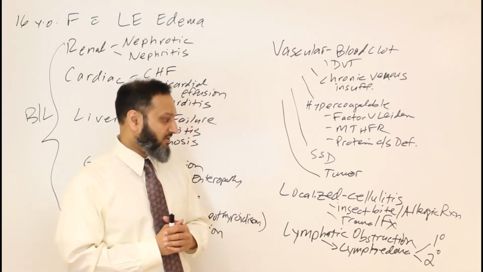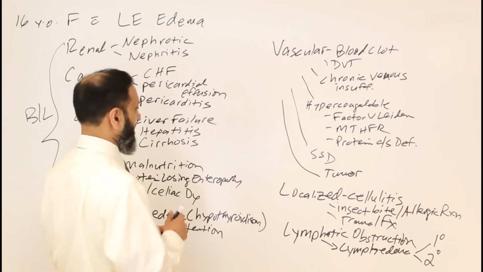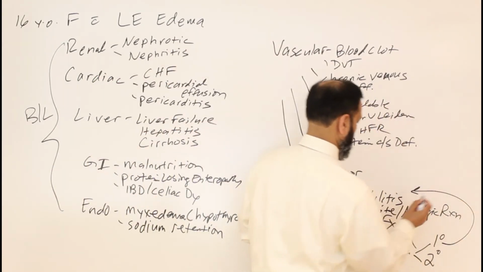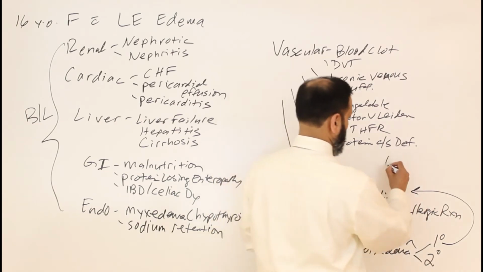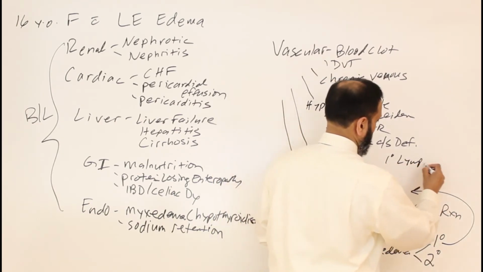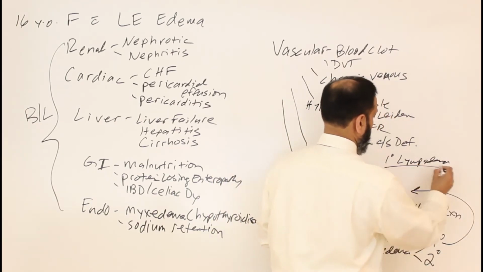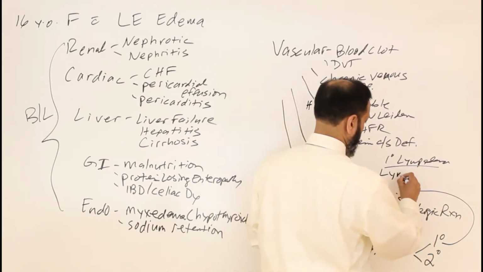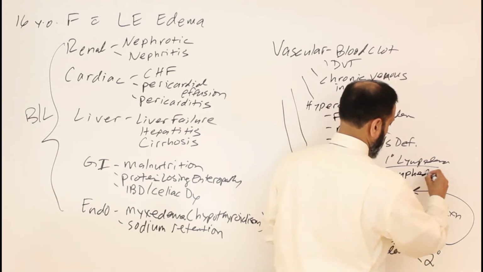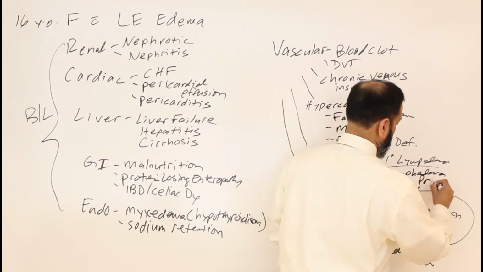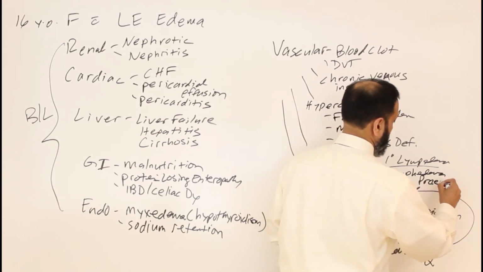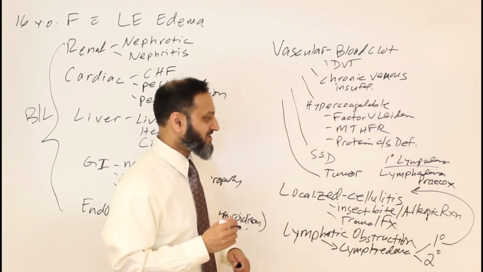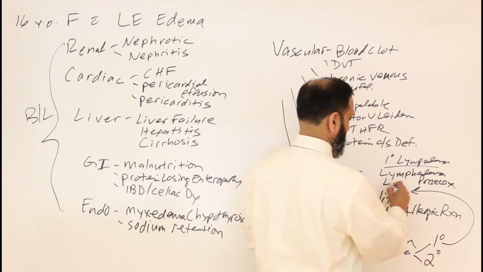Other causes of primary lymphedema, I'm just going to move these here, so let me do an arrow here so that we have some space. So primary lymphedema, again, we mentioned Turner syndrome, but then there's also something called lymphedema praecox, P-R-A-E-C-O-X, and then there's something called lymphedema tarda.